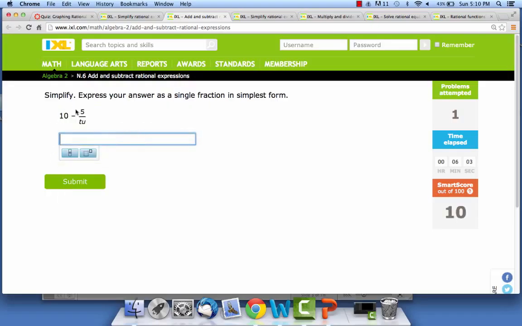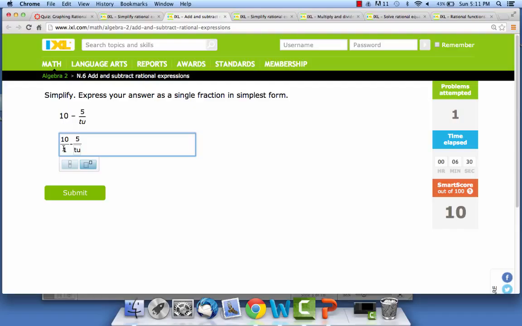Okay, this one does not have a common denominator. I'm going to see if I can kind of work it in the box here. So because this is 10 over 1, the common denominator is easy because there's nothing there, so it's just tu.